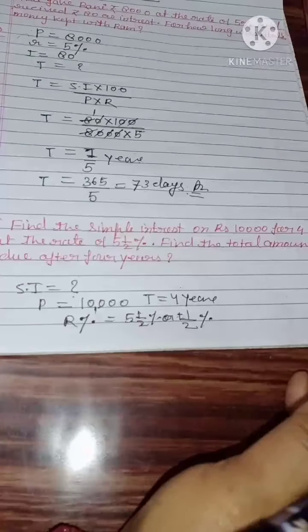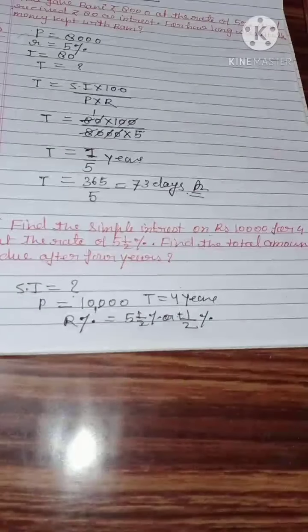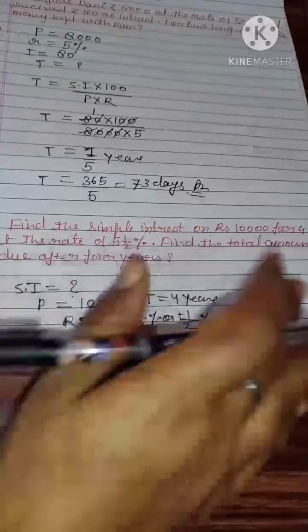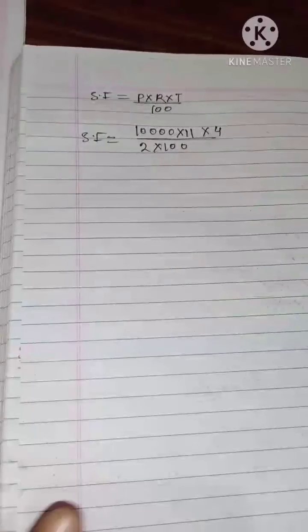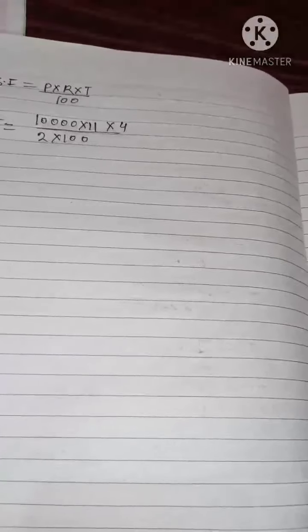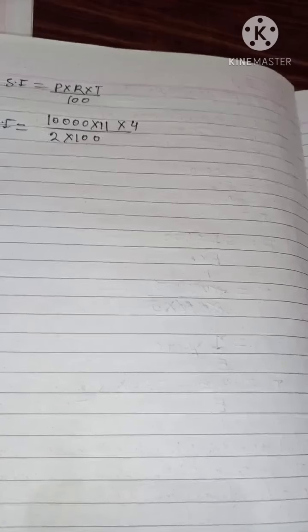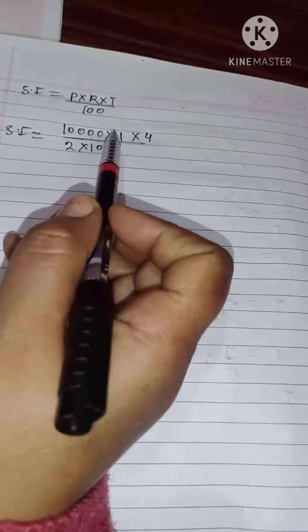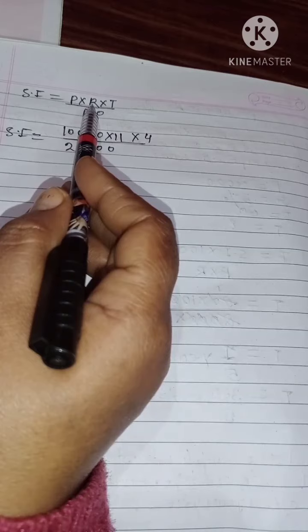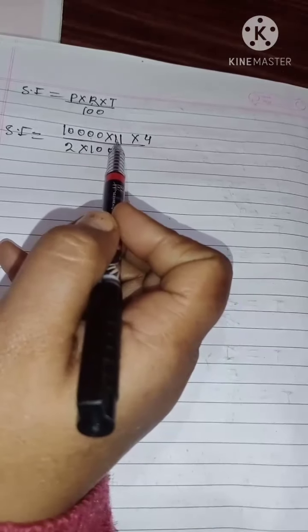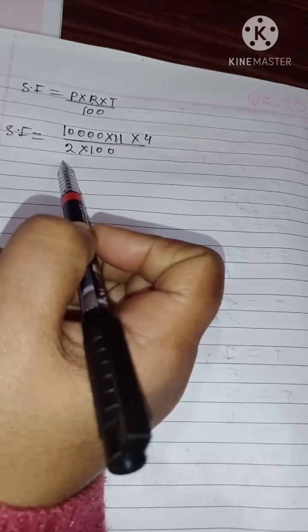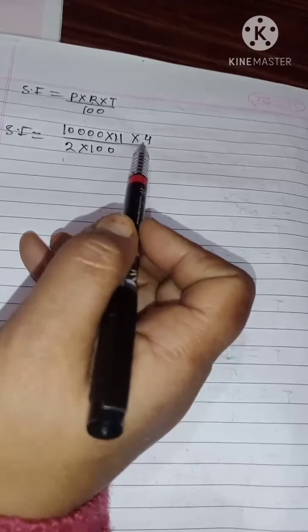Now you will apply the simple interest formula for that. Okay, how we will do? Simple interest is equal to P into R into T upon 100. Simple interest will be 10,000 into rate of interest 11 upon 2. So 11 will come in numerator and 2 in denominator, into time 4 upon 100. Okay, 4 years.